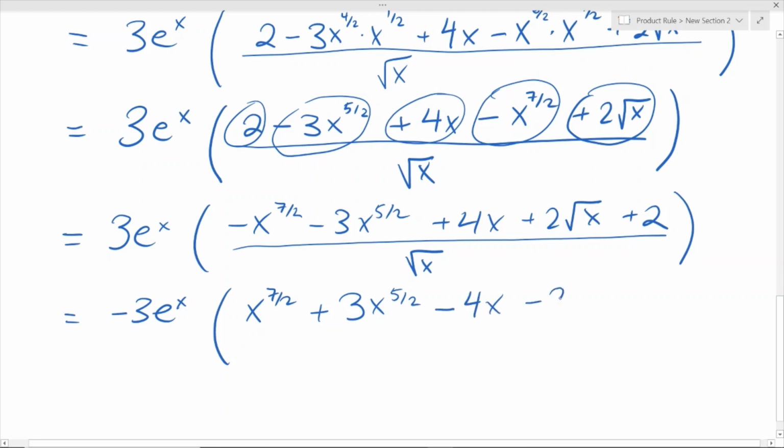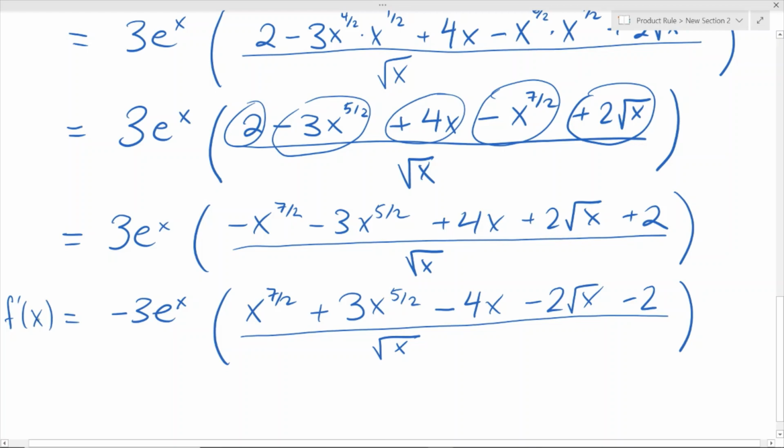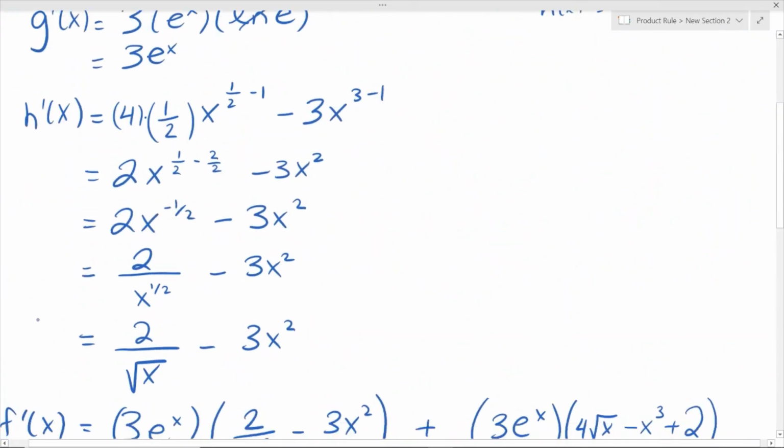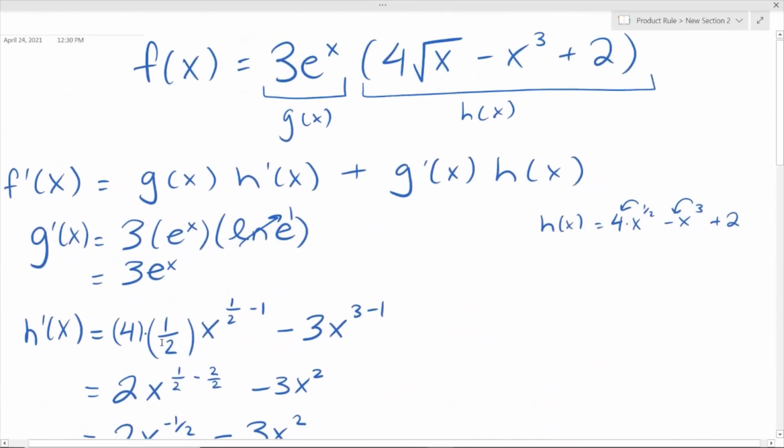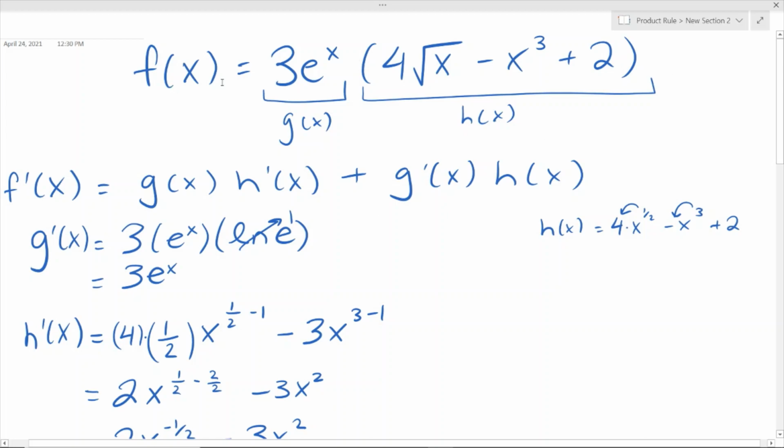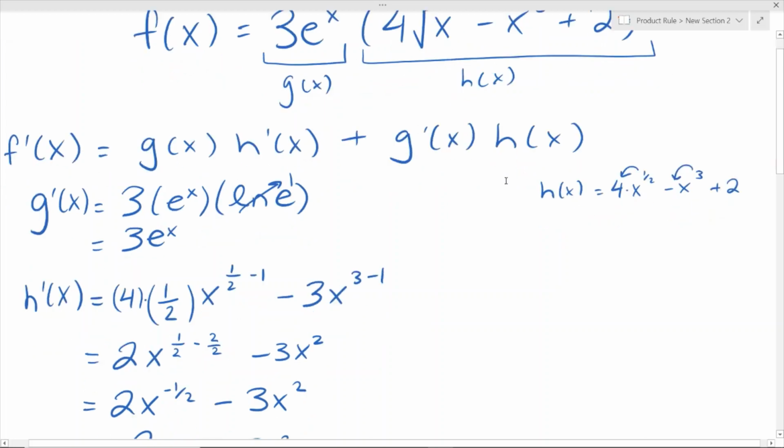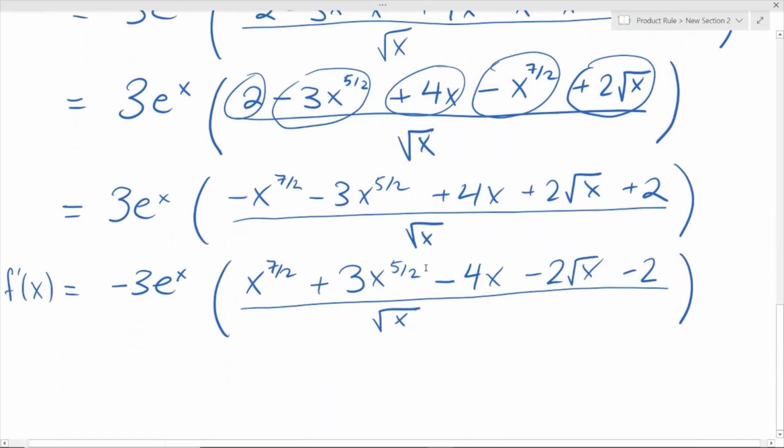This becomes negative as well because of the negative here. So this is all over square root x, like that. And there we have it. This is our derivative of f of x from here. So the derivative of this is shown right here.